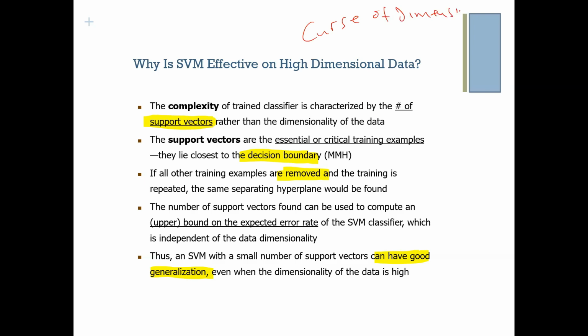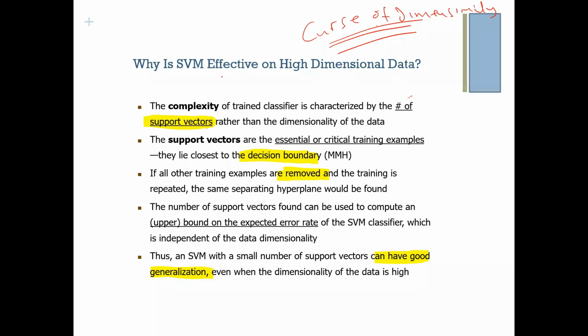We have discussed this a lot in our previous videos; you can check it out. So the complexity of the trained classifier is characterized by the number of support vectors. This is why SVM is effective on high dimensional data.